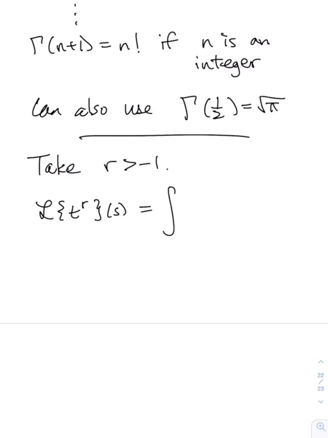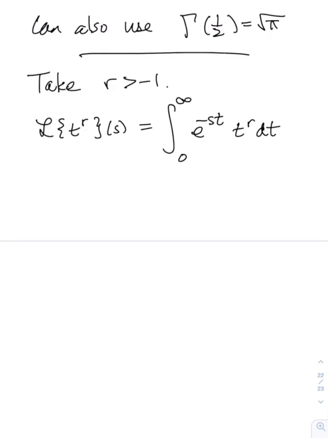If I go to the definition of the Laplace transform, it's going to be the integral from 0 to infinity of e to the negative st times t to the r dt. And I'm going to make a u substitution. So u is going to be s times t. Think of s as a constant. T is the variable of integration. So du is s dt.